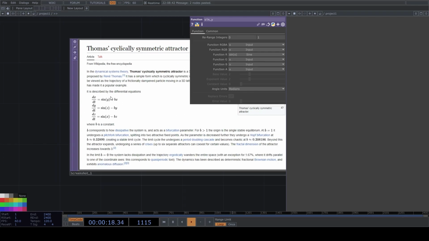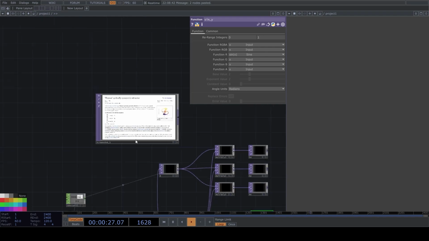Next step is to subtract each multiplied constant b from its own sine.